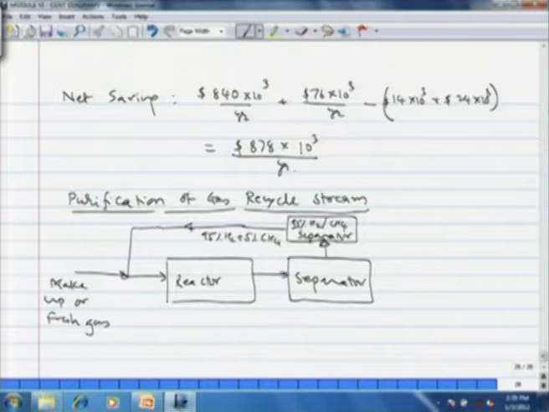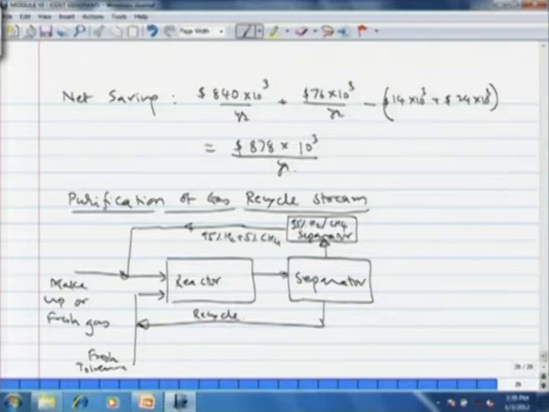Then we have the makeup of fresh gas, then the fresh toluene plus the recycled toluene, and then we have the product of diphenyl, benzene, and then a purge stream which contains only methane, because all of the hydrogen is recovered with some quantity of methane.